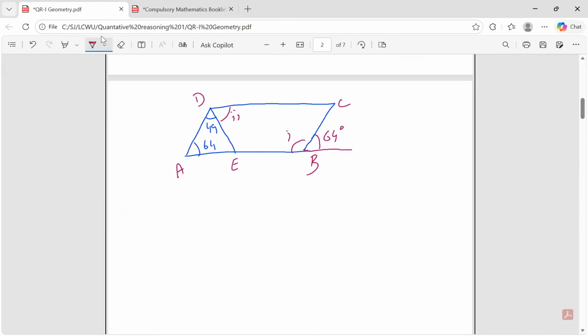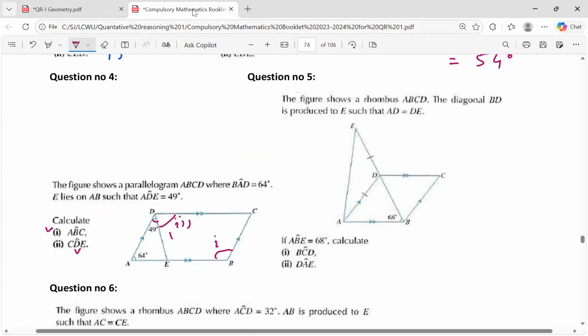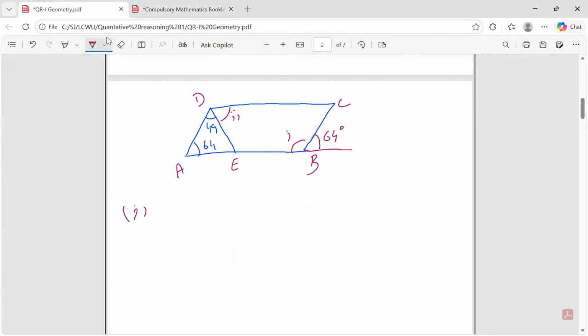Now at point B, angle EBC, this angle, plus angle ABC is 180, so angle ABC plus 64 is equal to 180. It implies angle ABC is equal to 180 minus 64, which is 116. So first part is done.